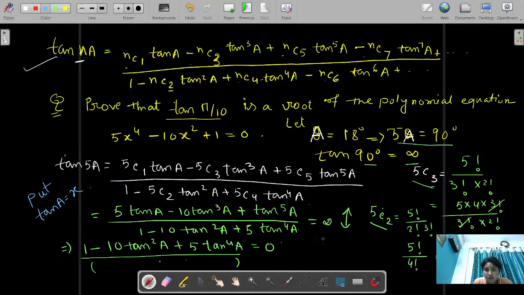Then you will get 1 minus 10x square plus 5x to the power 4 equals 0. And this was our statement of proof. So we just proved it.